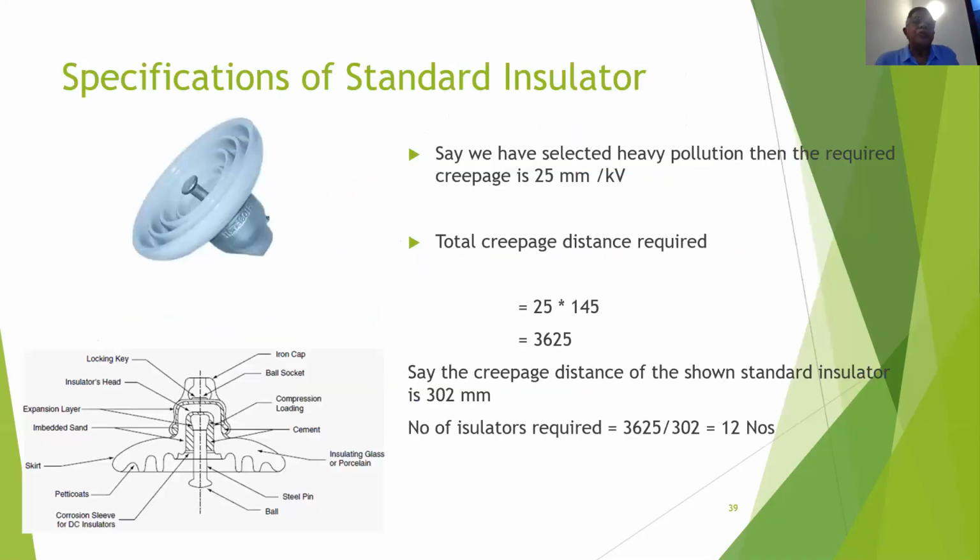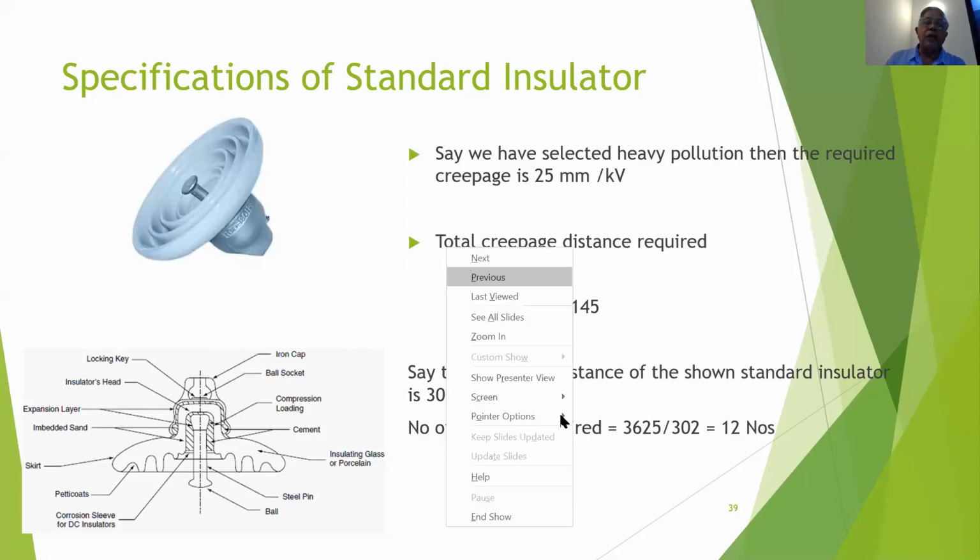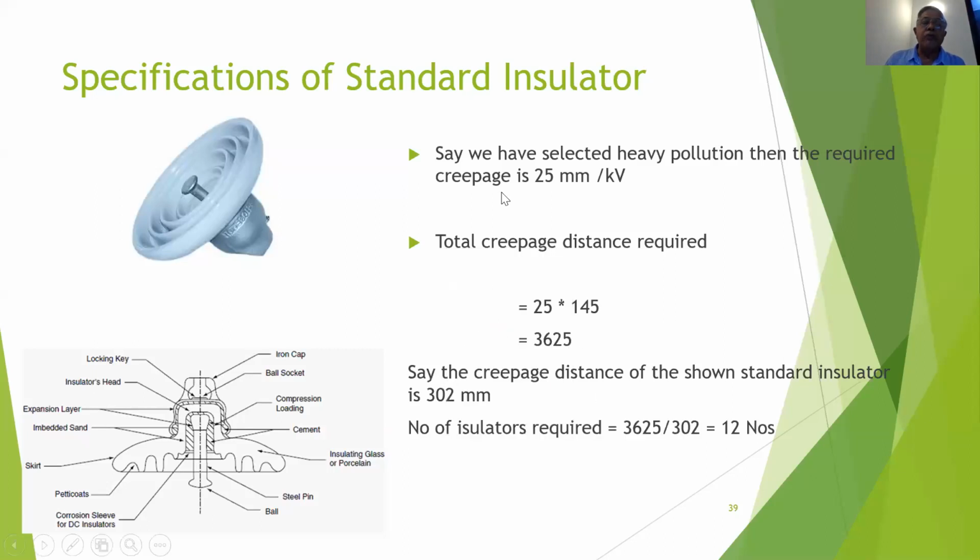Say we have selected heavy pollution and the required creepage is 25 millimeter per kV. Total creepage distance required is 25 into 145, 3,625 millimeter.